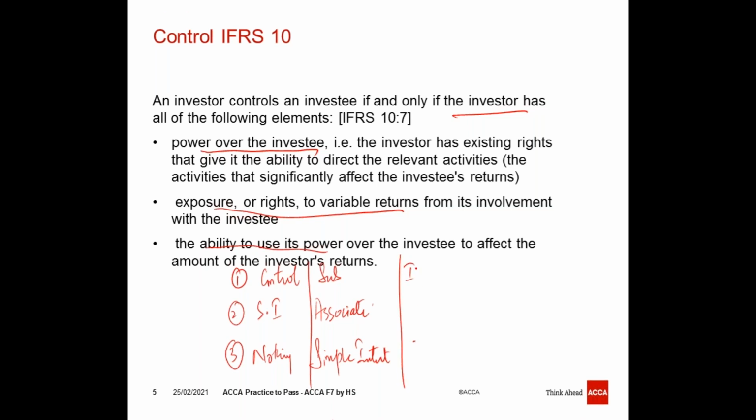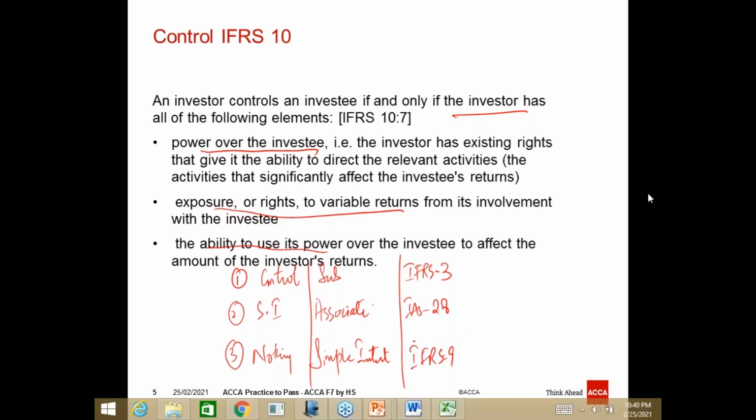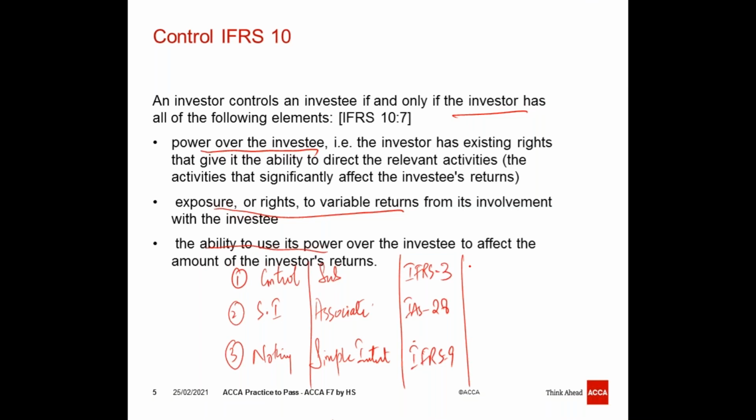The accounting standard that governs the accounting treatment of consolidation of subsidiaries is IFRS 3, IAS 28 for the associates, and IFRS 9 for the simple investments. The percentage that we normally assume for this situation is more than 50% shares for subsidiaries, 20% or more for associates, and less than 20% for investments.